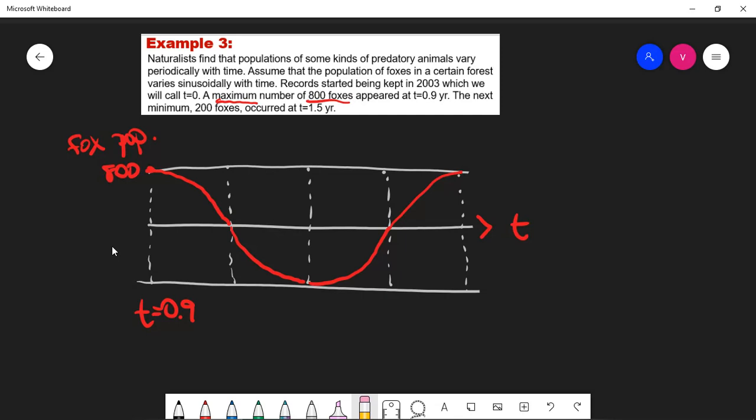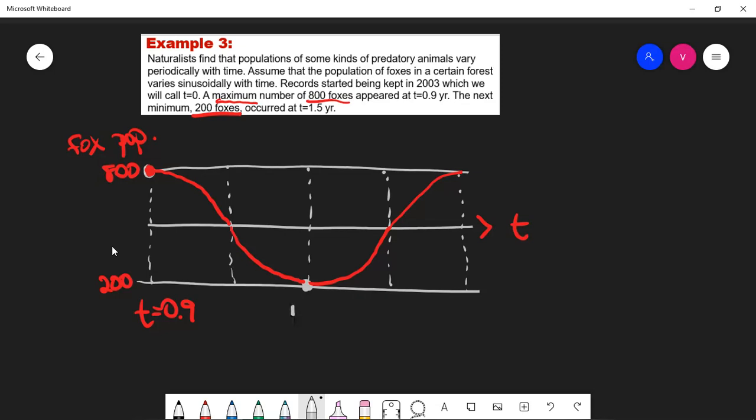Then it says the next minimum, okay, there is a minimum of 200 foxes, so that we know. Just one thing at a time, people, okay? Let's just do one thing at a time. It said the minimum occurred, so here, you started at the max, and it said the minimum was at t equals 1.5 years.